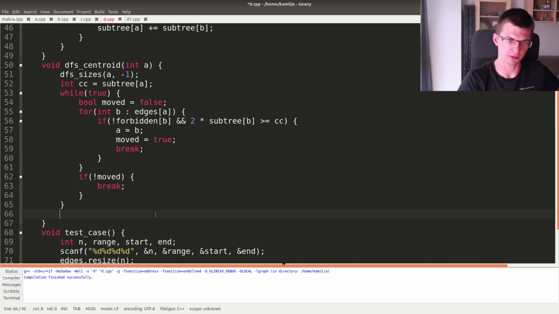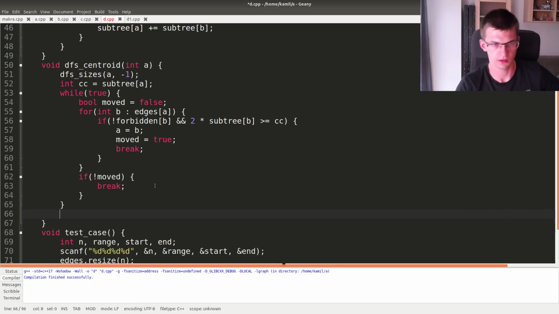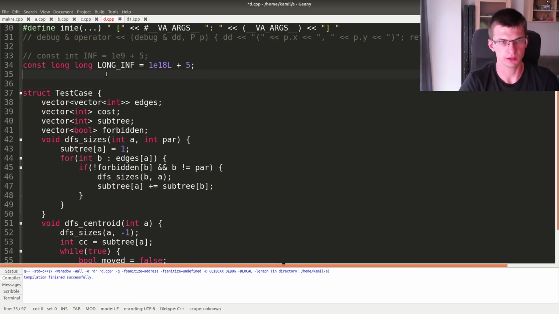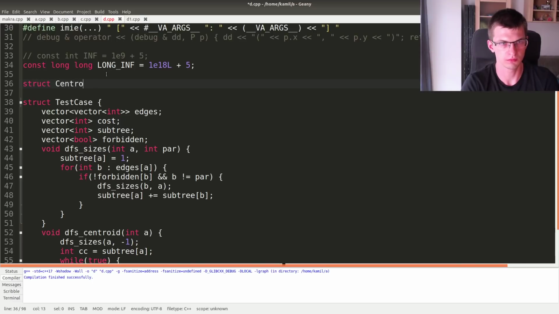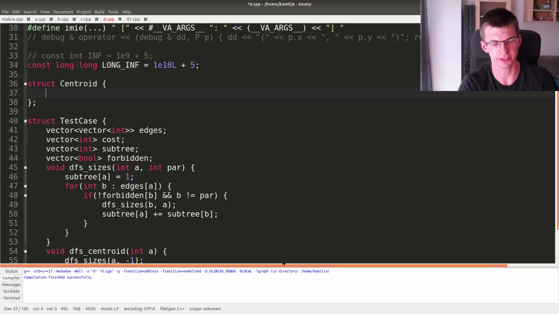Also, there will be multiple centroids. I need to remember all of them. Do I need a struct for centroid? Let's make one. It's more of a tree than a centroid. Centroid is the name of that middle vertex.